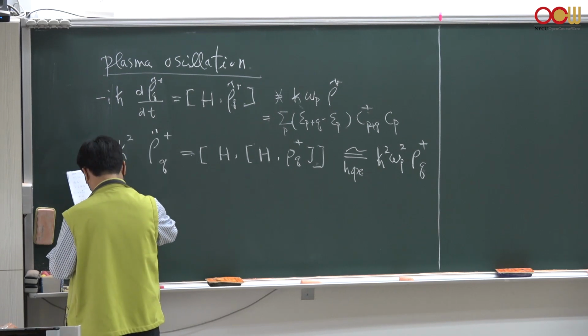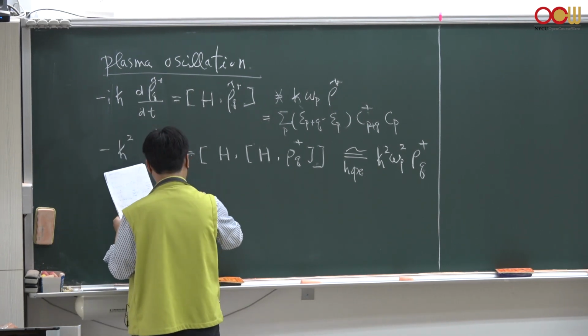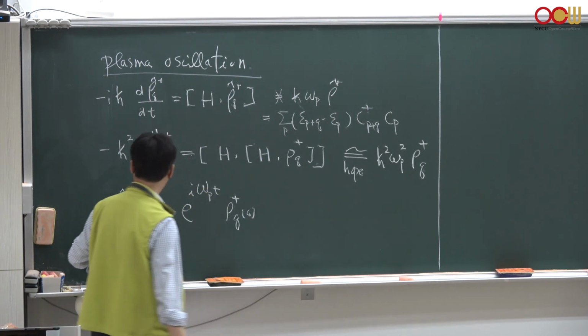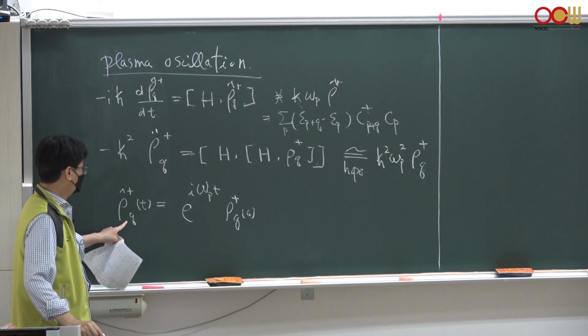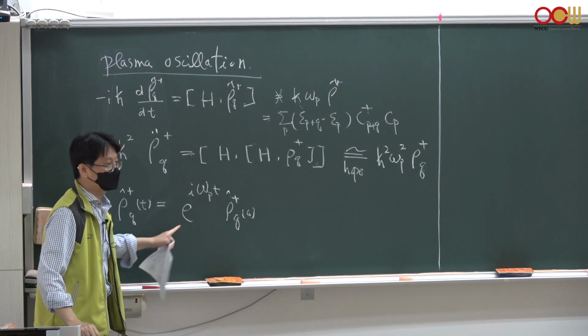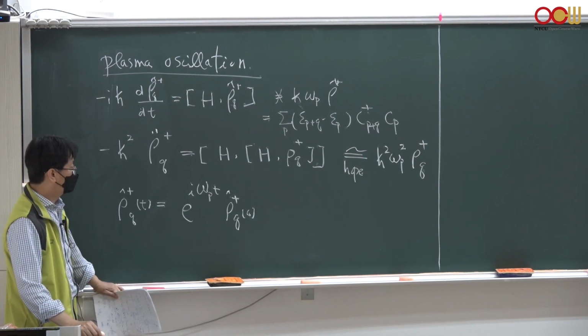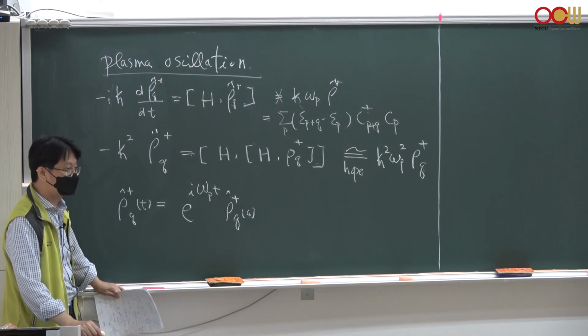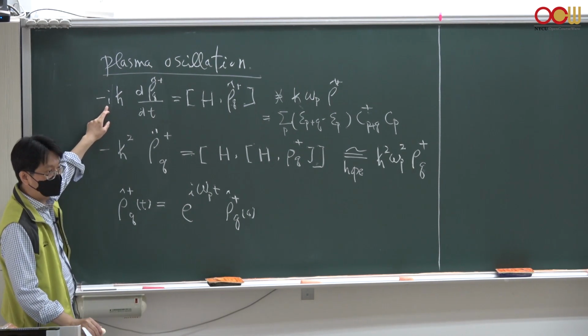The way that we do this is purely by quantum mechanics. The Heisenberg operator rho of q, or rho dagger of q, is a time-dependent operator. Remember, in the Heisenberg picture, the quantum mechanical operator is time dependent, and it satisfies this Heisenberg equation of motion.